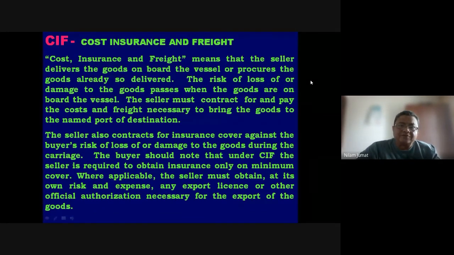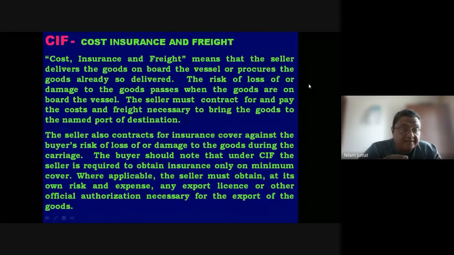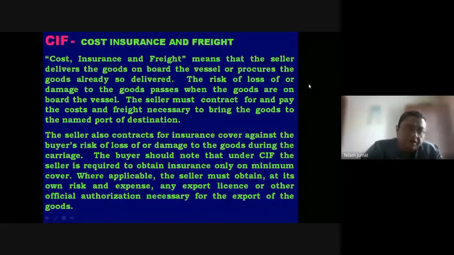Now you see how I was able to finish it fast, because every Incoterm was connected. The main factor you need to know is the delivery point, and understand that once goods are delivered by the exporter at the point where he is supposed to deliver, then all the risks transfer to the importer, right?